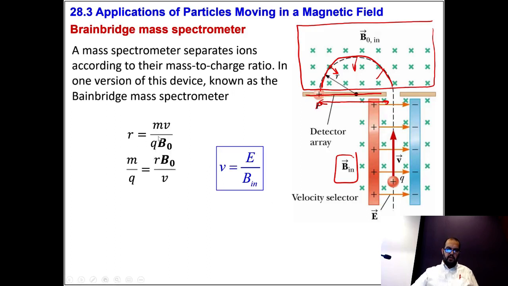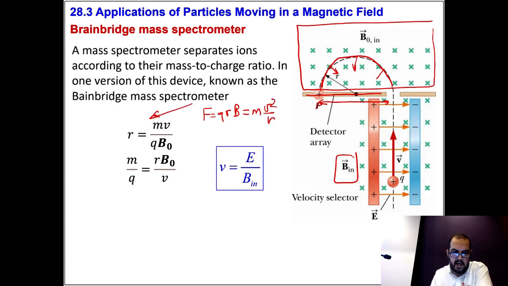So remember from before, we said the magnetic force QVB is equal to mass times the acceleration, which is V squared over R. And from this, we obtained that R is equal to mv, so this is the mass of the ion or the charged particle times the velocity, so this is the velocity that is selected, divided by Q and B0.